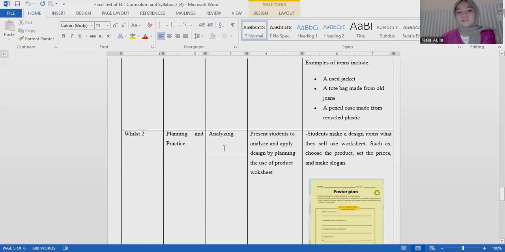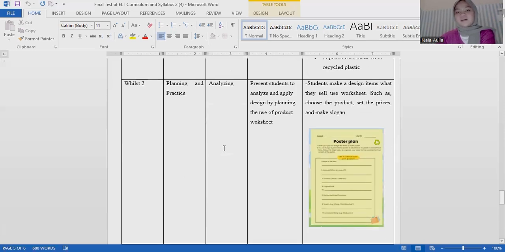The Bloom's level is analyzing, and the instructional function is to present students to analyze and apply design by planning the use of a product worksheet.